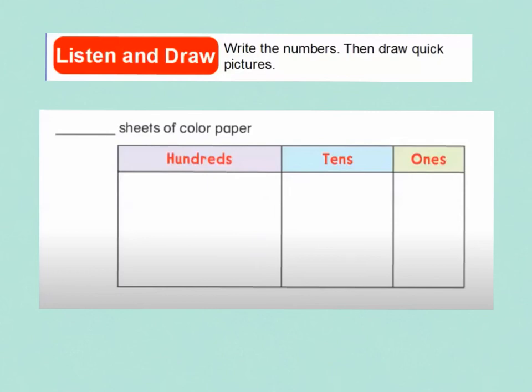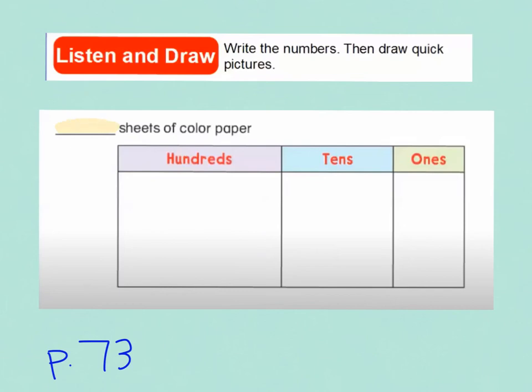Please take out your math book and turn to page 73. The directions say, write the numbers, then draw quick pictures. I'm going to read you the word problem, and you're going to write down the number that I say in this blank on your paper.